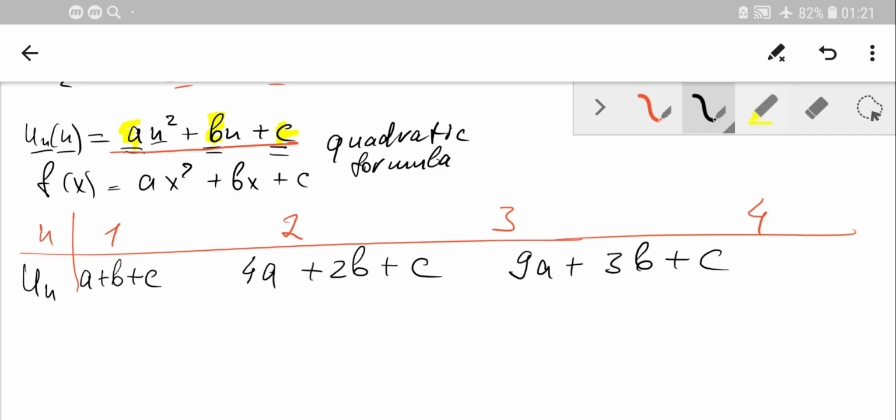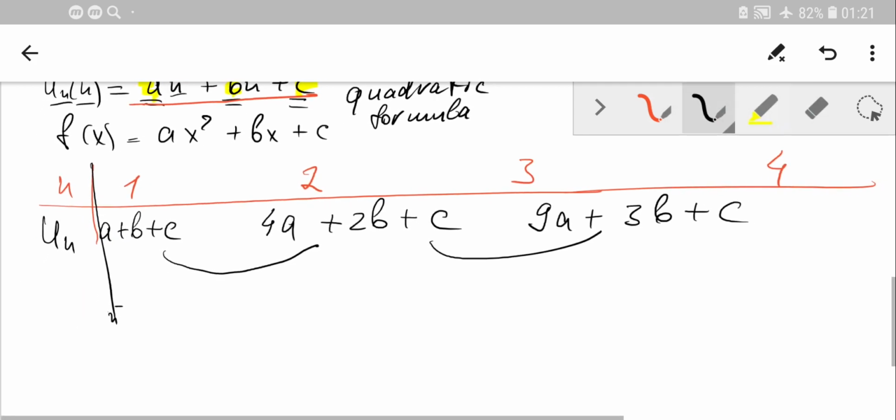And let's see now, let's take the difference between adjacent terms. It's going to be the first difference. By definition, the difference is the next term minus the previous one.